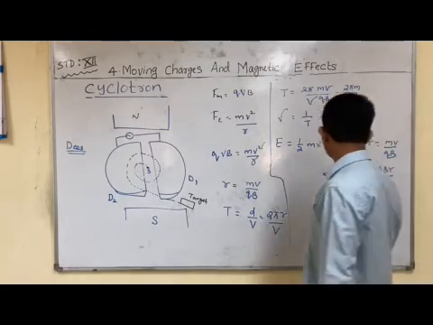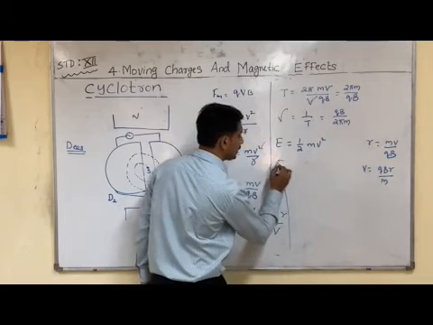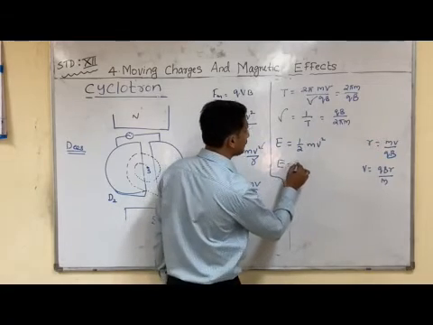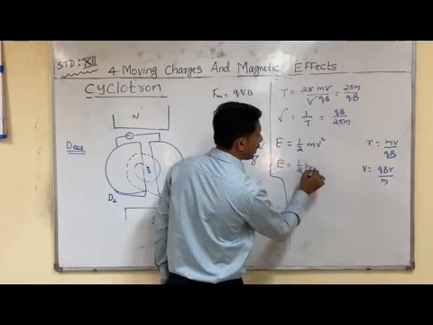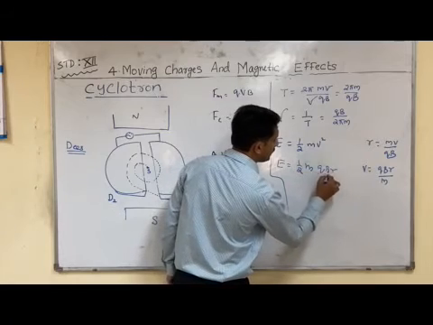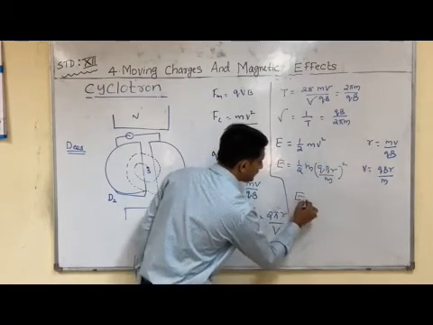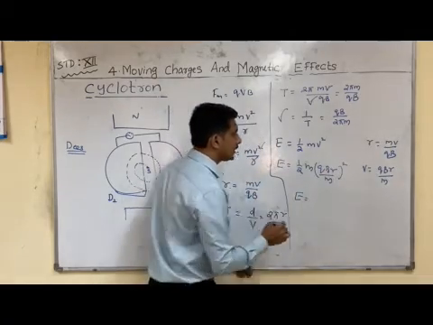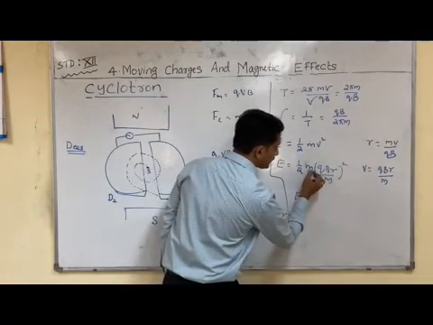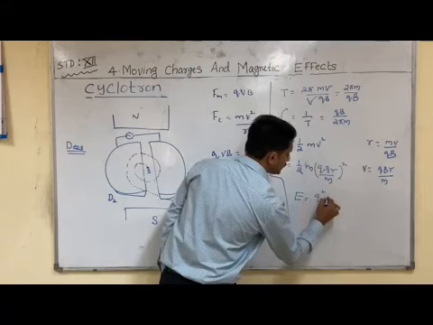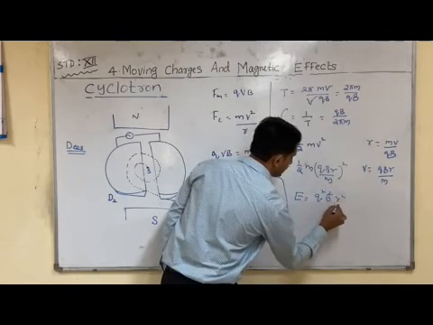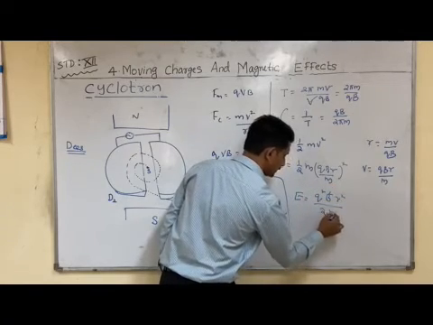We can substitute this velocity in the equation. Energy E is given by half into m into qBR divided by m, all squared. If we simplify this equation, one m cancels, so it becomes q square B square R square divided by 2m.